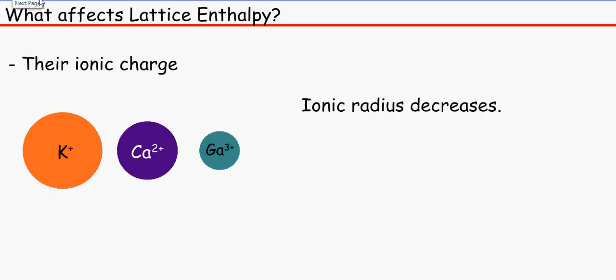So what else affects lattice enthalpy? Well, their ionic charge. That's mainly because when we're losing electrons, we've got more protons relative to electrons. The proton to electron ratio does change, and that means there will be more protons attracting the electrons, and therefore the ionic radii would decrease.